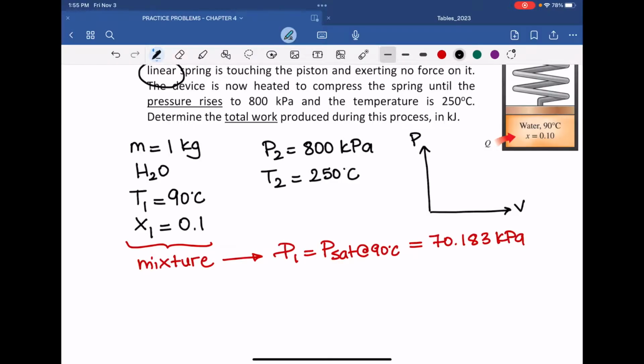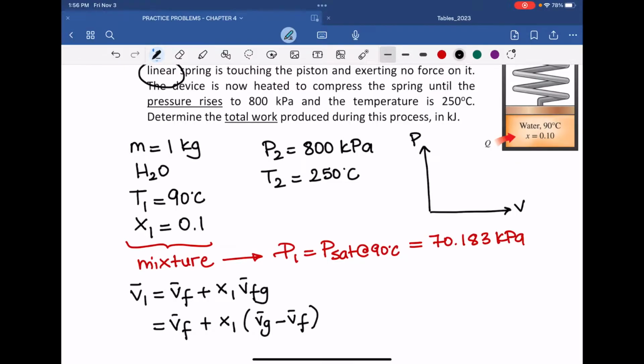So first, look at state 1. For state 1, we have a mixture. So if I want to calculate the specific volume, I need to use the quality. For vfg, we can say vg minus vf.